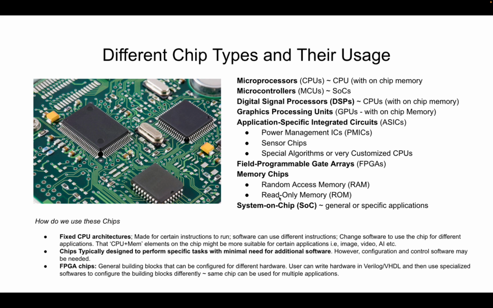And that's why you see it prevailing in all kinds of CPUs, GPUs, DSPs, even in ASICs, ASIC CPUs or ASICs for AI and other applications, or system on chip. So that's a structure you will see a lot.